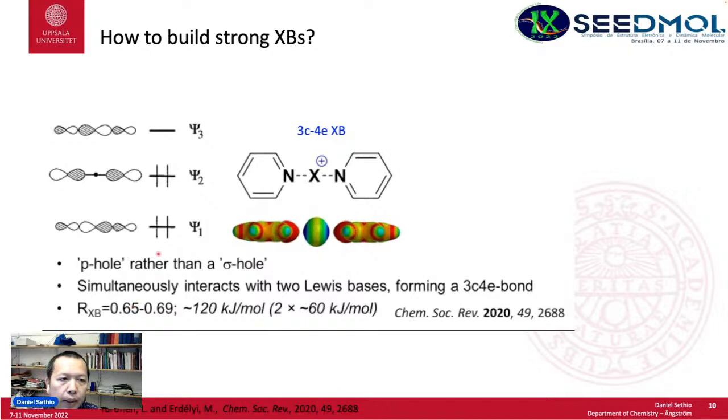And typically this distance is shorter compared to the normal halogen bond, and the ratio is typically 0.7, like 70% of the van der Waals radius sum of the nitrogen and the halogen. And the interaction energy is close to 100 kilojoule per mole.